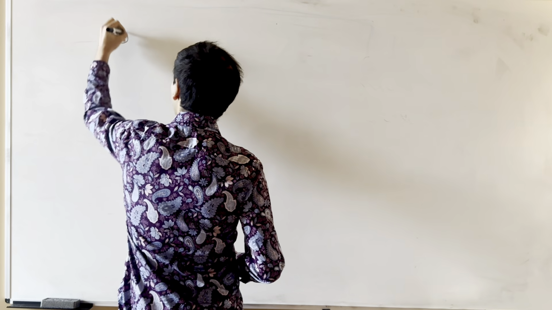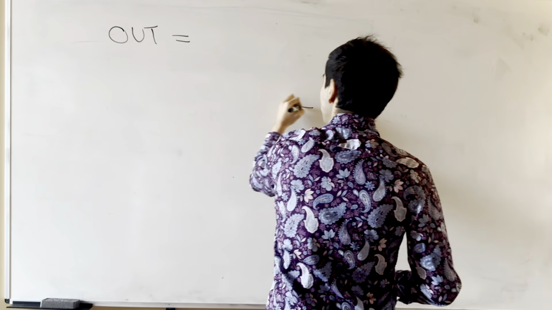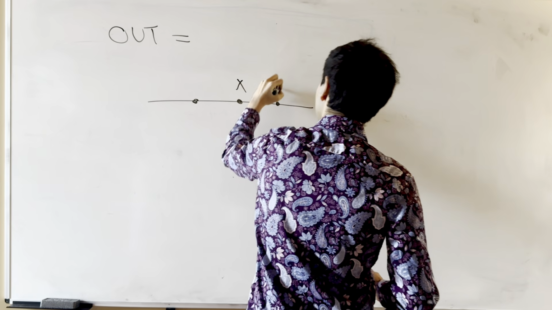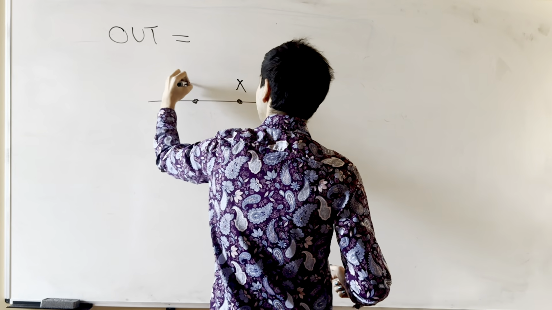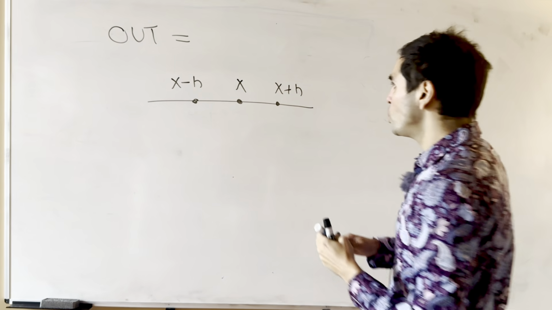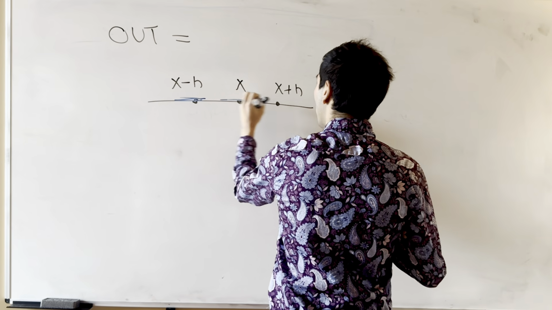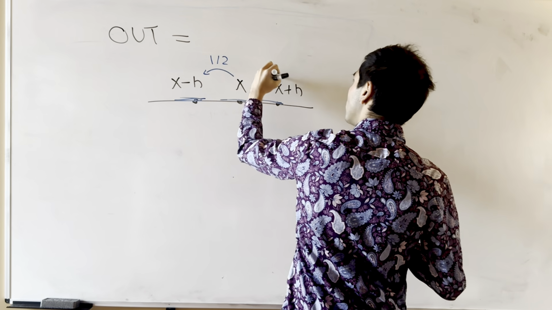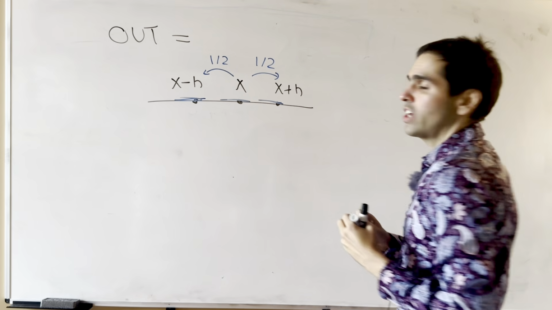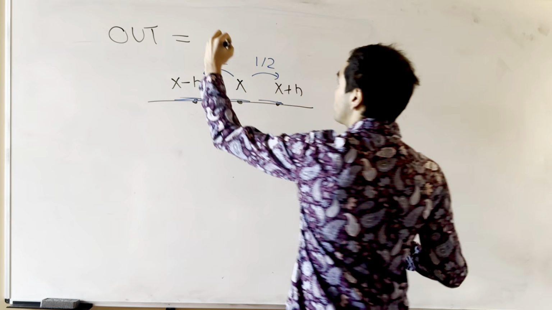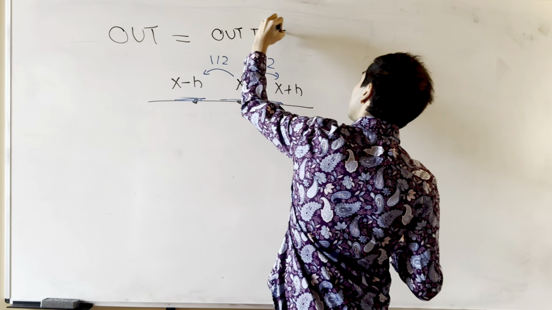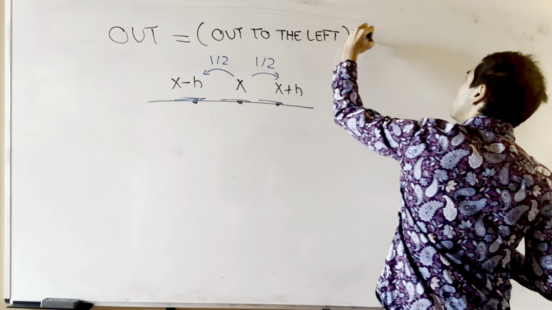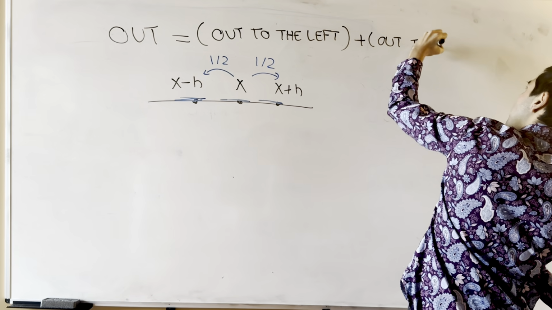Well, for out, there's really two ways of thinking about this. So we have X, X plus H, X minus H. What are the two ways of going out of X? Well, either you go to the left with chance 1/2 or to the right with chance 1/2. So out means out to the left plus out to the right.